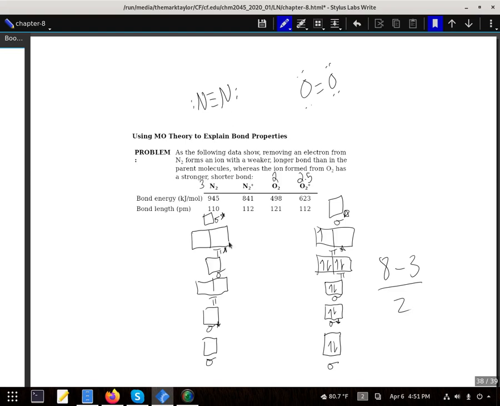The positive removes 1, so I'm going to put 9 in here. 1, 2, 3, 4, 5, 6, 7, 8, 9. If you notice this time, the electron that was removed came out of a bonding orbital. That's why it got weaker. Because it turns out we only have 2, 4, 6, 7 electrons in bonding, minus those 2 anti-bonding. This also has a bond order of 2.5. The bond got weaker.